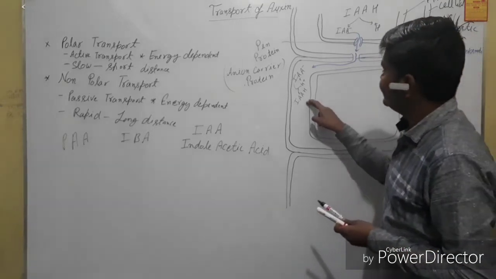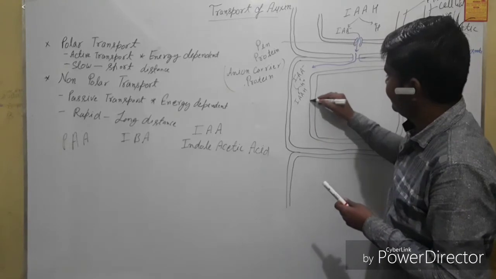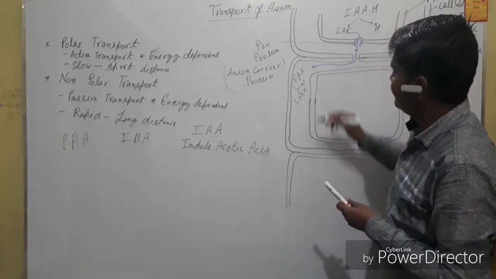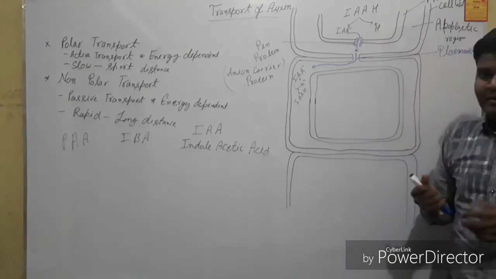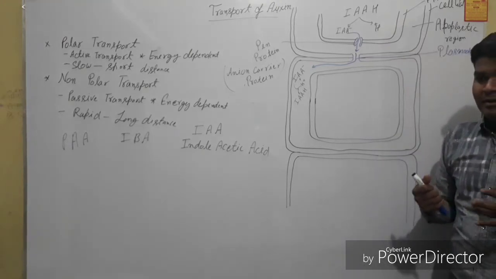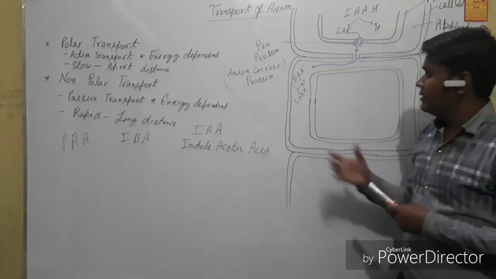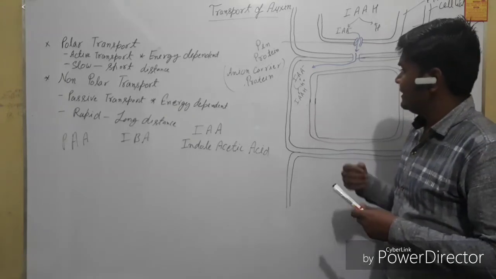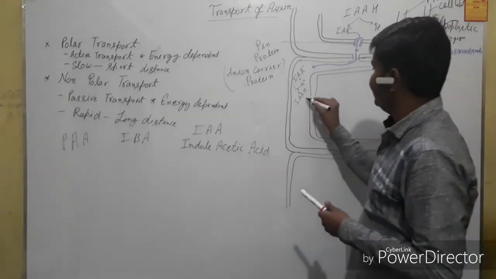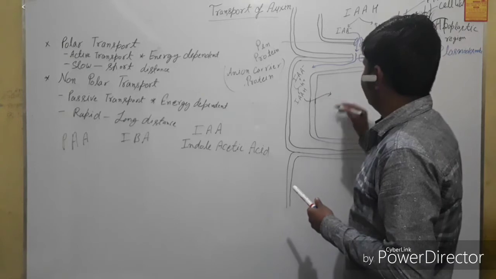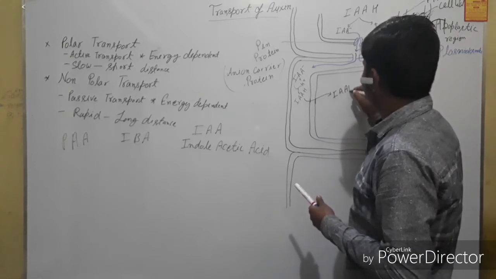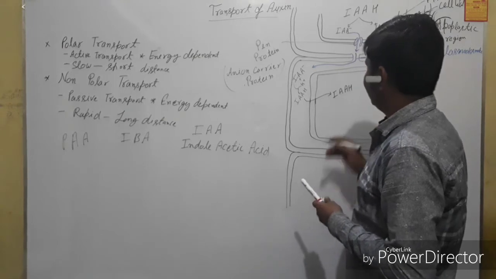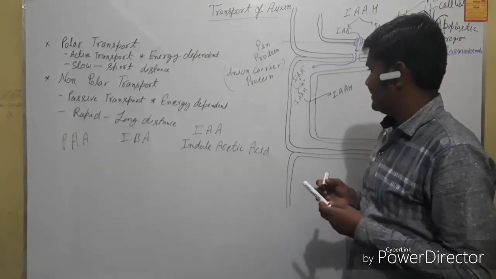Now this IAAH comes directly inside the cytoplasm of the next cell.